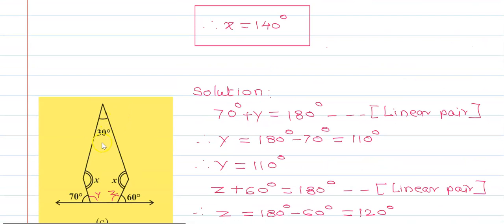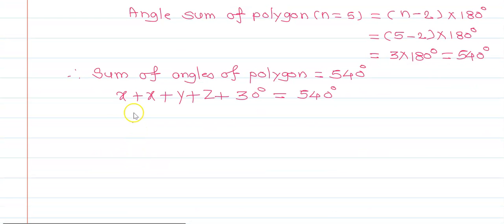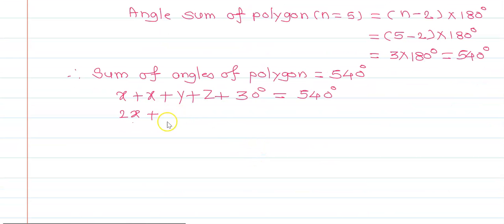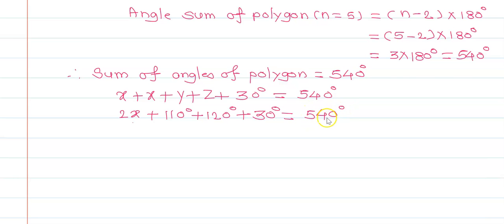We want to find out the value of x. Therefore, x plus x is equals to 2x. I have calculated the value of y. What is the y? y is 110 and z is 120. 110 plus 120 degree plus 30 degree, and that is equals to 540.